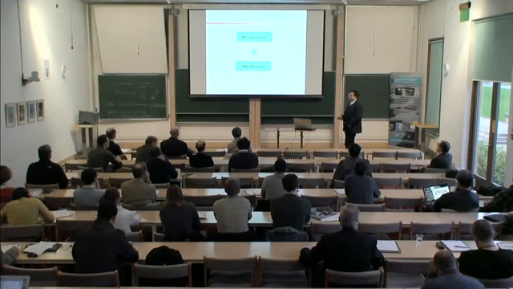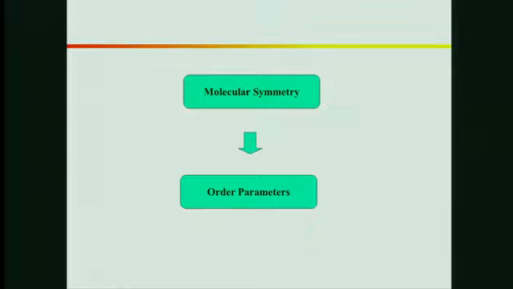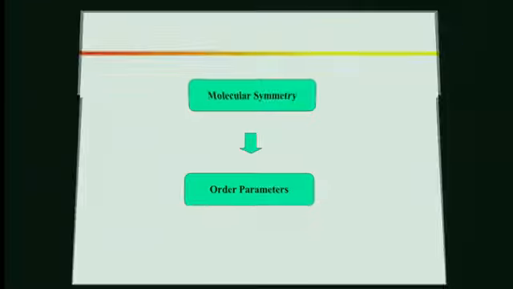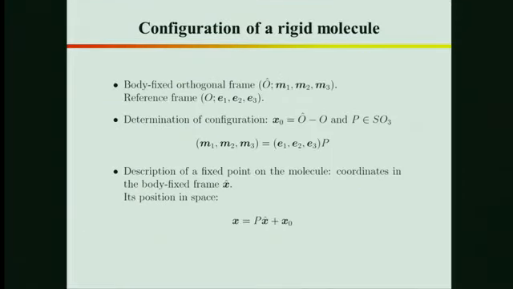So in the first part, I was talking about the molecular symmetry and how it leads to the order parameters. Because now we can consider the rigid molecule. Mathematically, the body-fixed frame has 6 degrees of freedom: 3 of them are for the space and 3 of them are for the frame. It's like the frame X, Y, Z, or maybe you say M1, M2, M3.